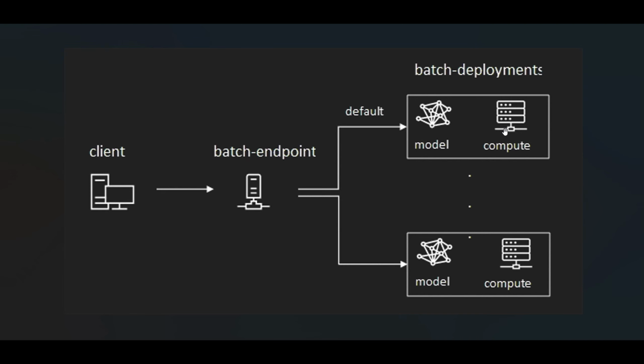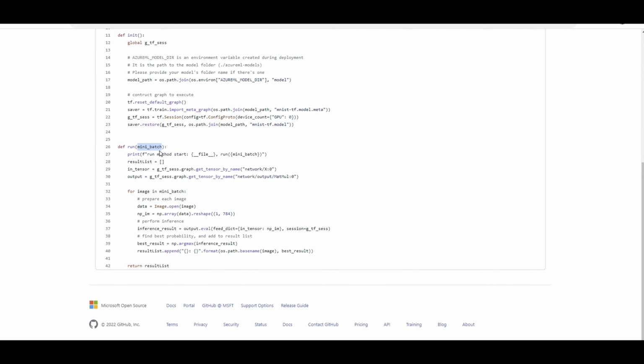For example, if you have 100 images and you have 10 nodes in a cluster, you will have batch sizes of 10, 10, 10, 10 images, and each 10-image bucket will go to a separate node of the cluster. That's why we call it a mini batch, because that mini batch is a portion of your input data that goes to a node of a cluster and does the prediction in parallel with other nodes, which do the prediction over different inputs.